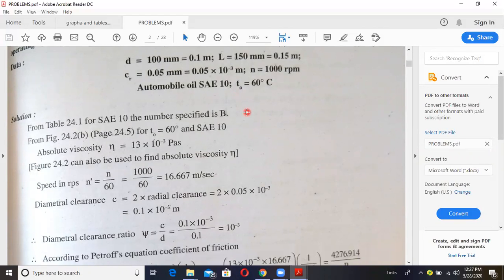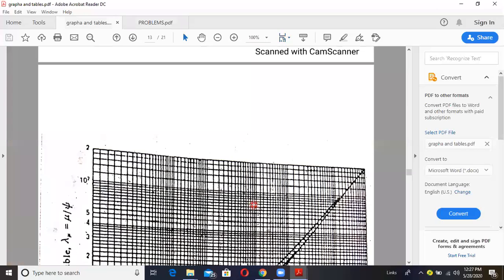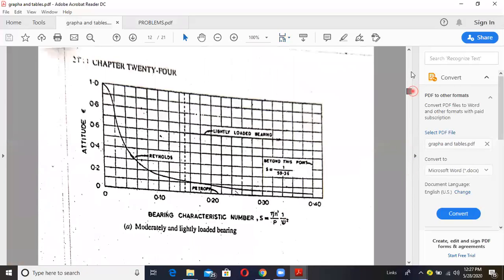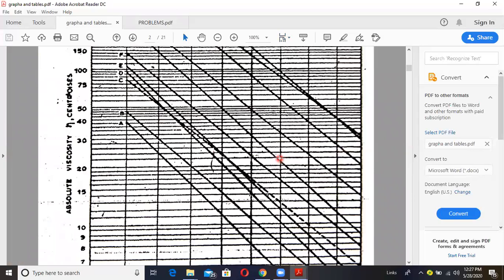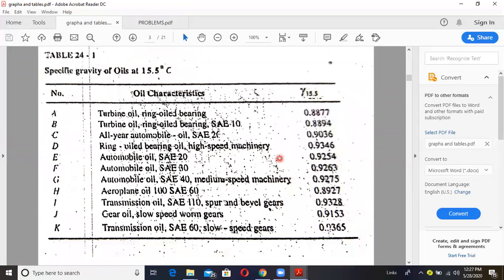First, we are going to refer to table number 24.1. Now, if you see table number 24.1, this is the table 24.1. Understood?